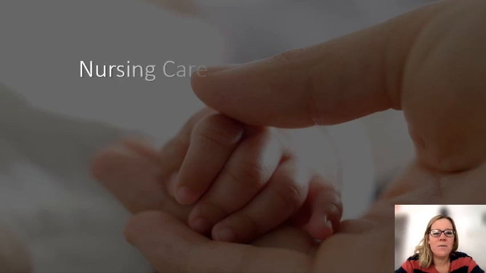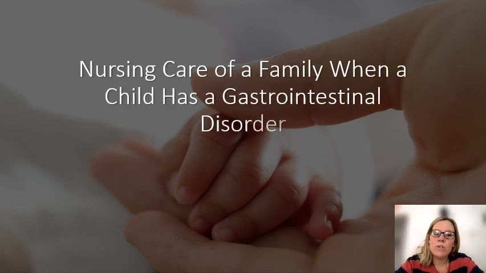All right, so we're going to switch gears now and talk about the child with the gastrointestinal disorder, okay? Now, children with GI disorders, I know time is of the essence when it comes to respiratory, obviously, right? When we're prioritizing.